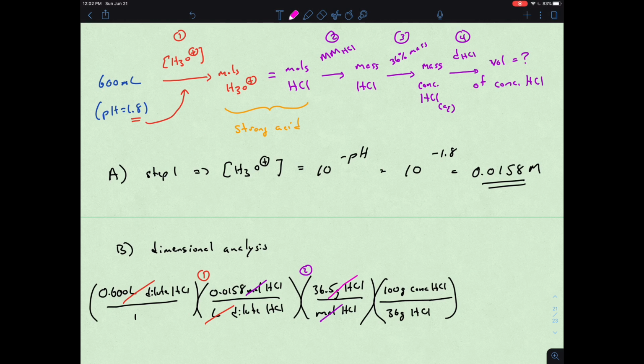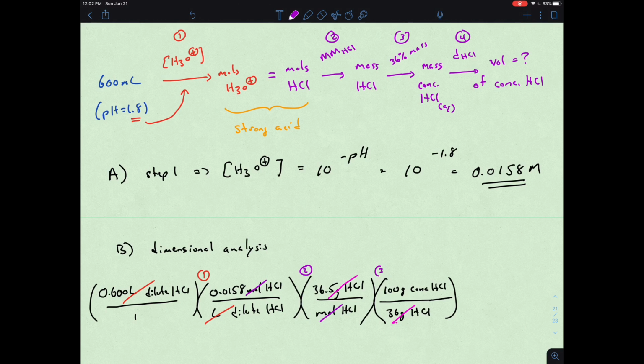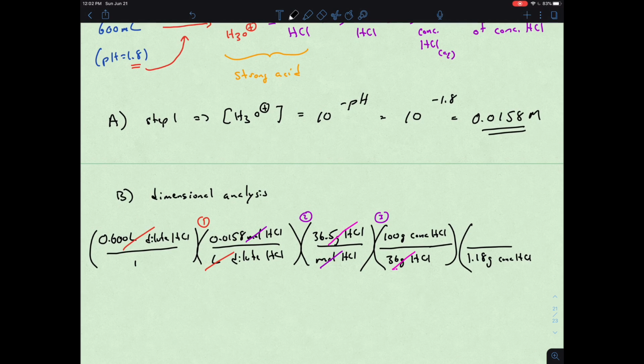So getting out of mass of the solute and getting into mass of the actual solution for step 3, and now we're going to use the density of 1.18 grams of that concentrated HCl for every milliliter of the concentrated HCl. And so that is our 4th step.